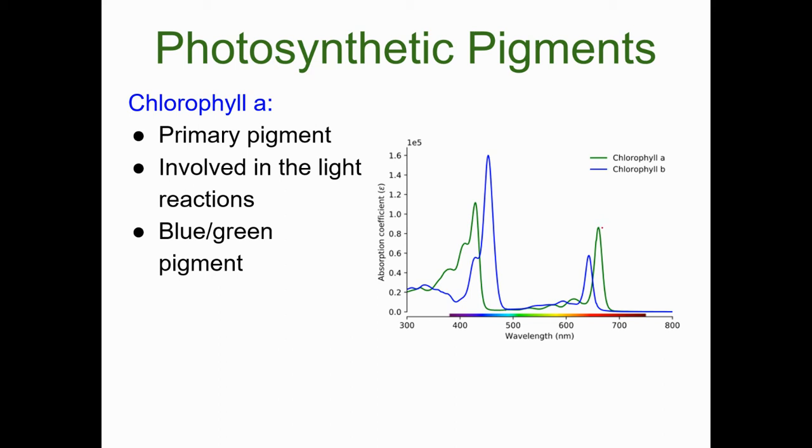So if it's a blue-green pigment, meaning this is what we see, this is what's reflected, then what colors does it absorb? Well, let's see, where does it peak? It's going to absorb in the purple-blue range and the red range.